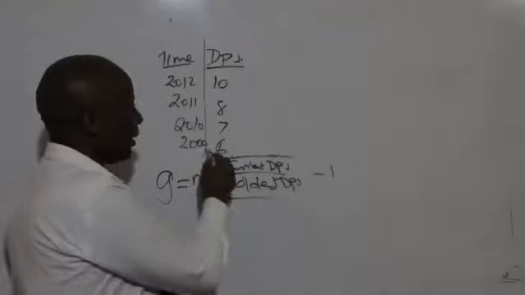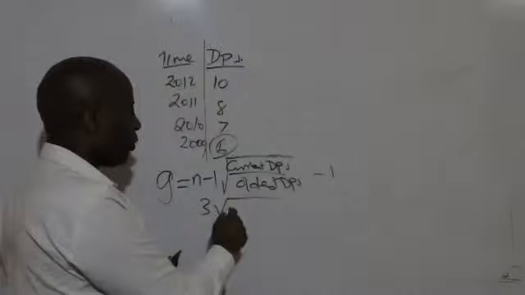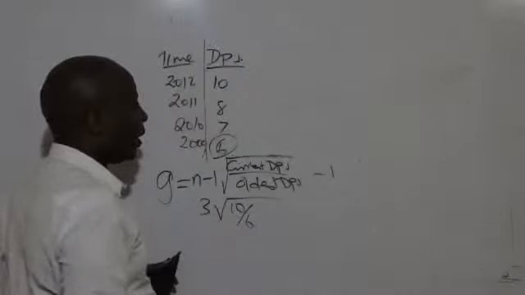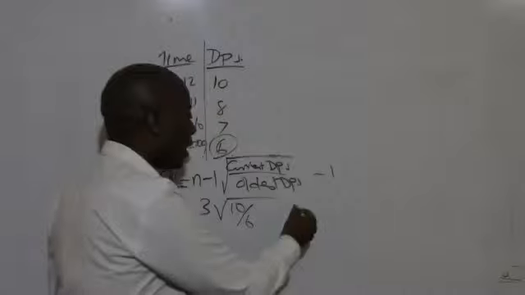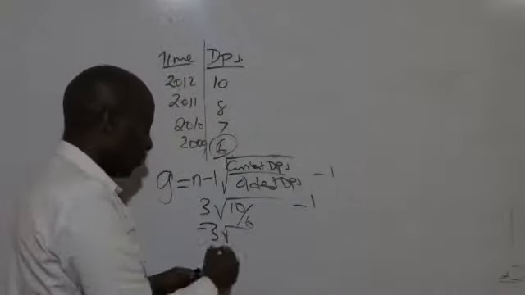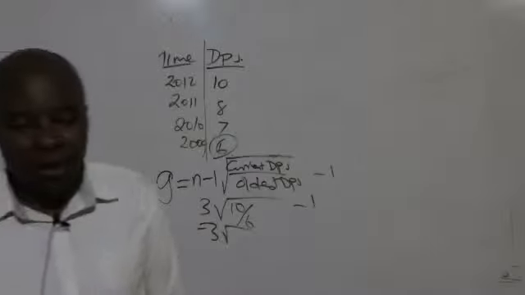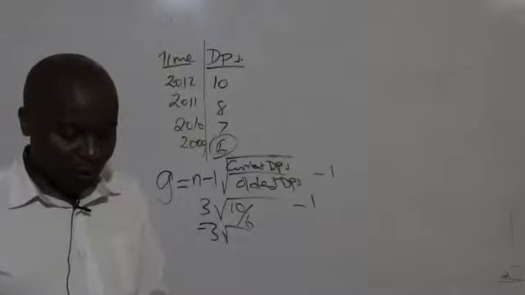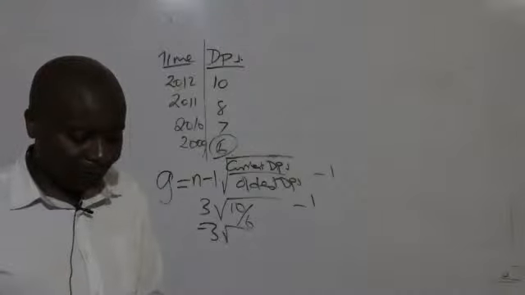The current dividend is not this one; the most current year is 2012. So you're talking of 10 over 6, and whatever we get here, we subtract 1. This will be the third root of 10 divided by 6. So 10 divided by 6, what do we have here? Come and tell us.